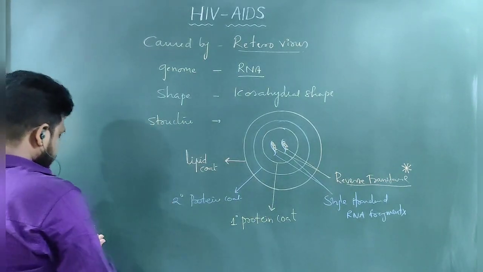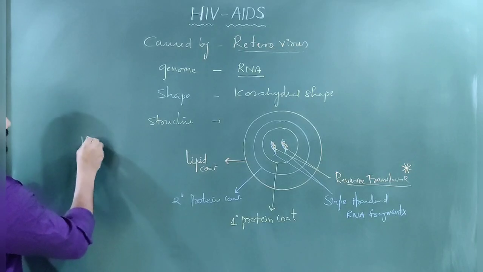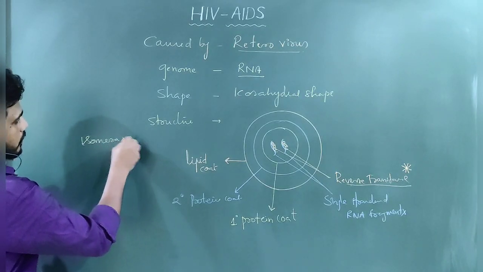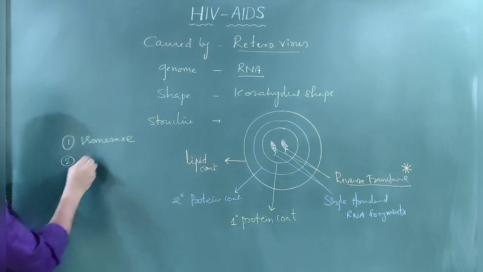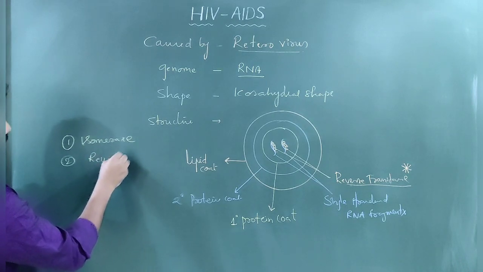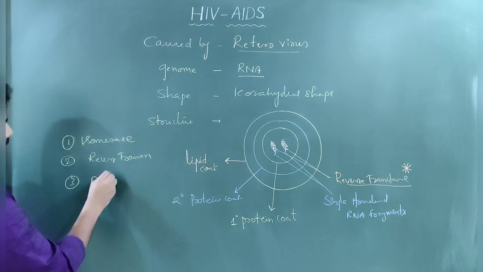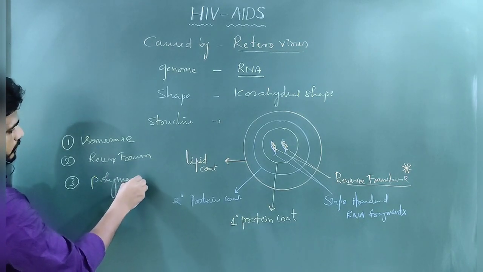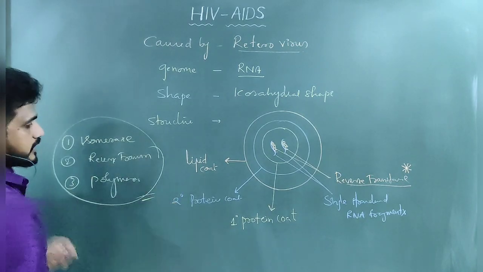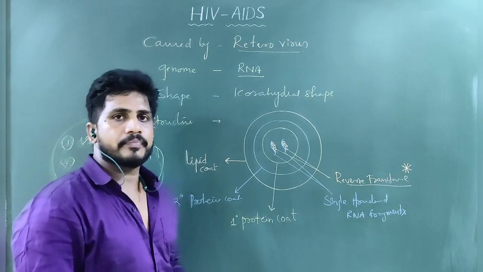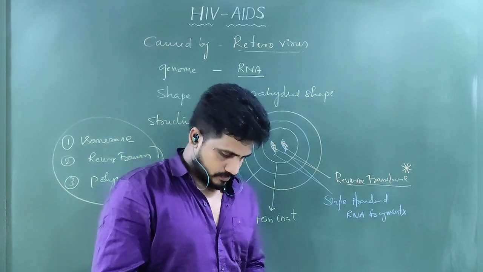Apart from that, the first enzyme is isomerase, the second one is reverse transcriptase, and the third one is polymerase. These three enzymes are also present in the HIV virus.